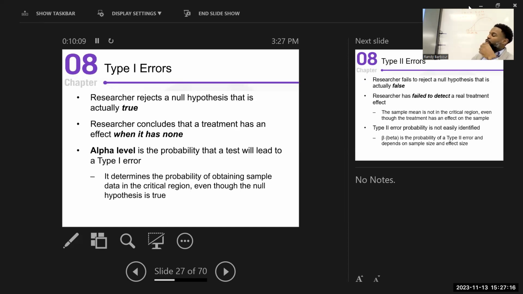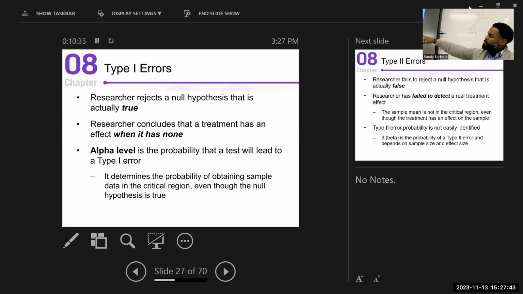So you reject the null hypothesis, your value may fall into this area, but there's no difference at all. We're making an error in that we're saying there is a difference when there is actually no difference whatsoever. The researcher is concluding that the treatment has an effect when there is no change, no effect whatsoever. That's a type 1 error.